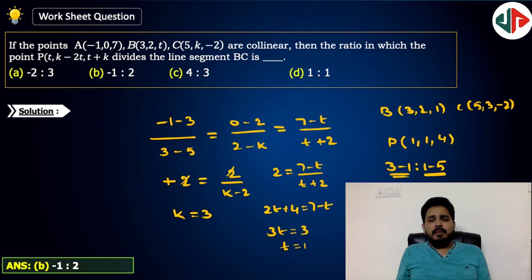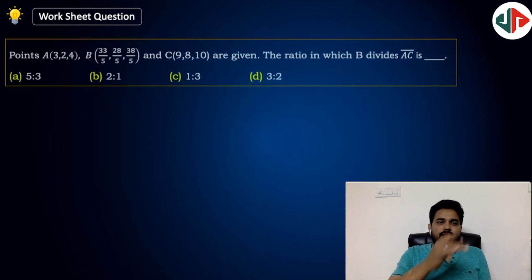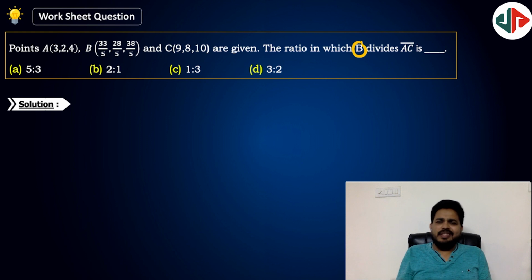Okay, answer is minus 1 is to 2. So the property I'm using is x minus x1 is to x1 minus x is to x minus x2, or y1 minus y is to y minus y2. 3 points are given, the ratio in which B divides AC. Again the same approach.